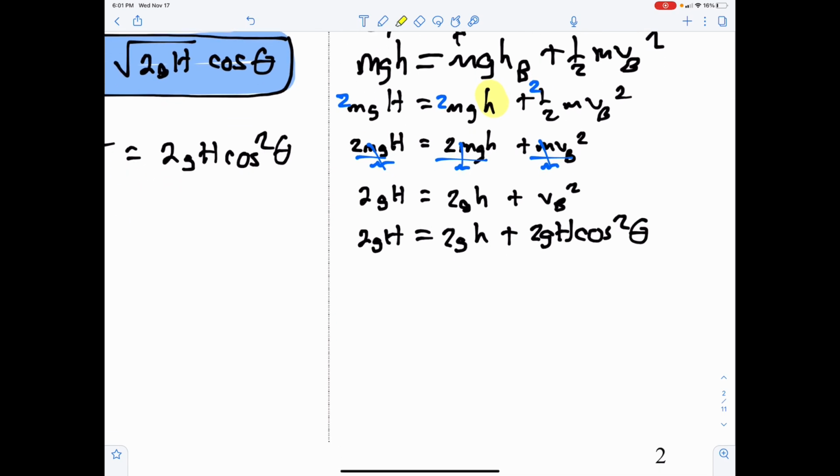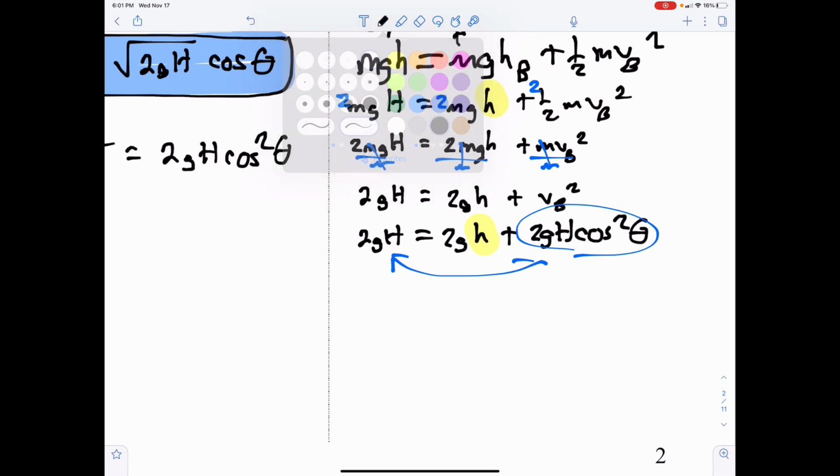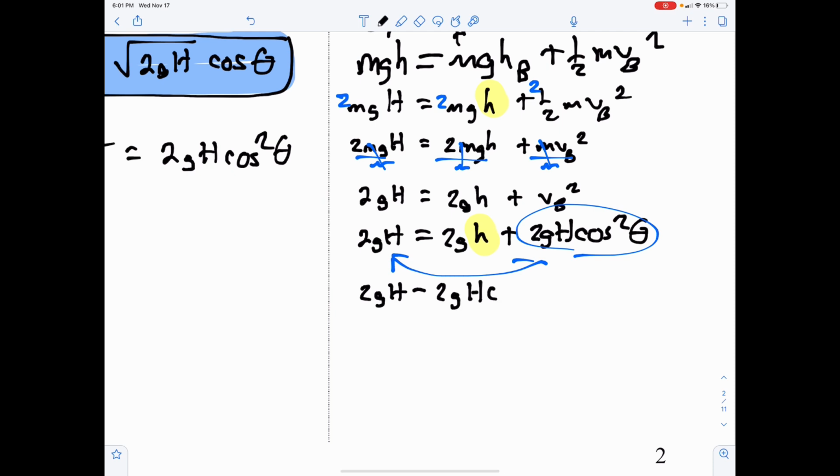And now we're going to go ahead and solve this thing for little h. We can do that by taking this term and subtracting it over to the left-hand side. 2gH minus 2gH times cosine squared theta equals 2g little h.